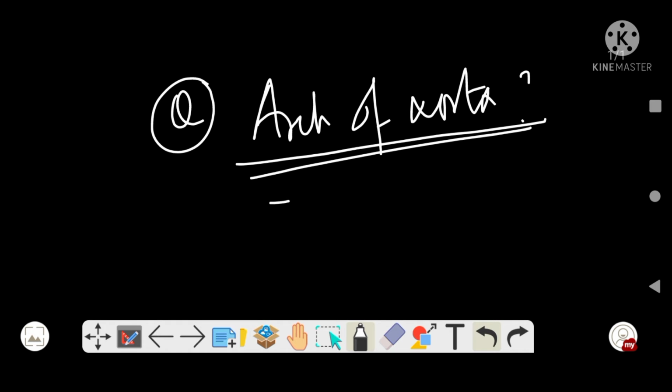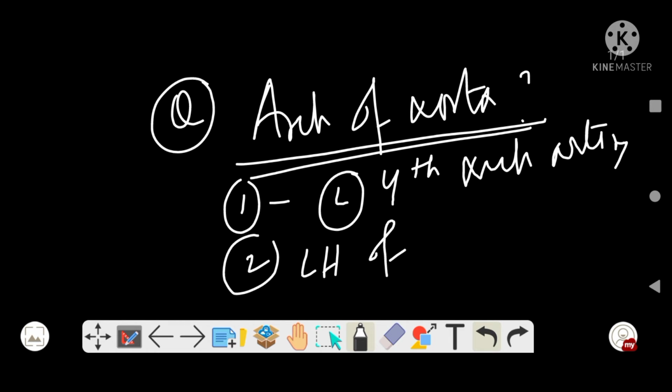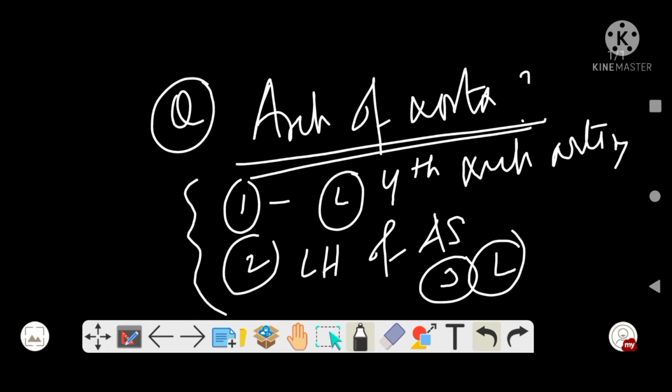So one, we saw that arch of aorta is derived from left fourth arch artery, but it is also derived from left horn of aortic sac, and also from left dorsal aorta.